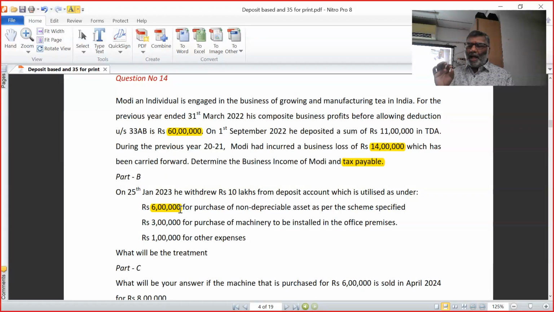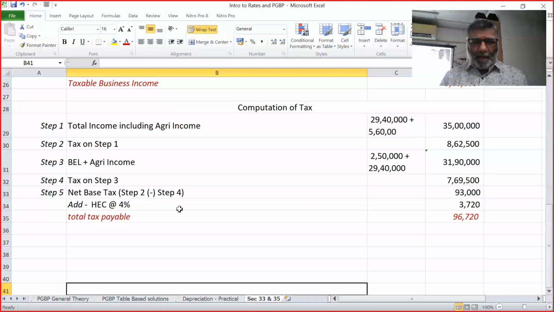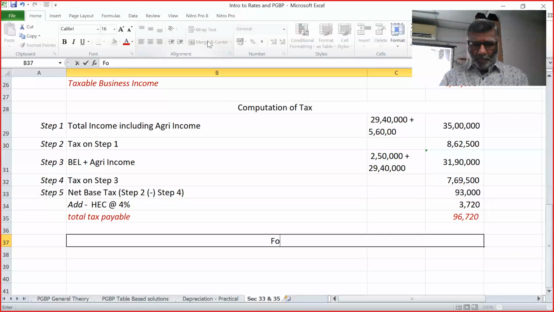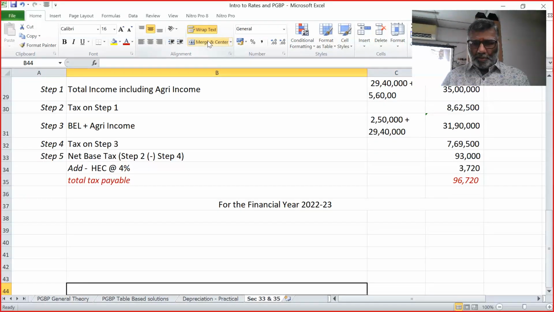And 1 lakh other expenses, not allowed. Not allowed means it will become taxable, for the financial year 2023, 22-23.